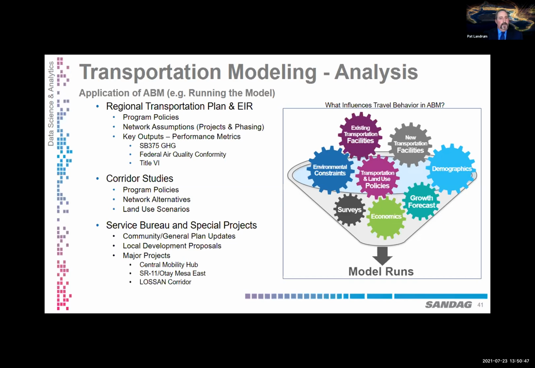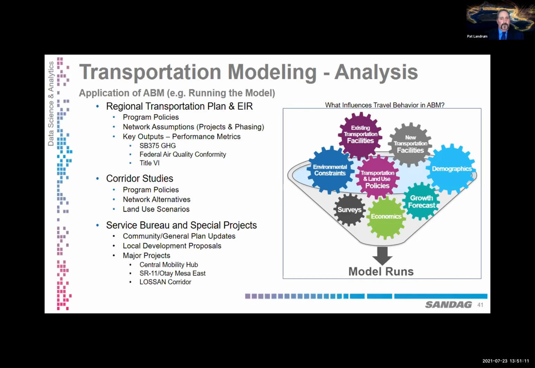Inputs are, as I mentioned previously, the outputs from the Regional Growth Forecast and Sub-Regional Allocation, as well as program policies such as pricing or transit fares, network assumptions, projects, types of projects, and phasing, both highway and transit, as well as active transportation projects.